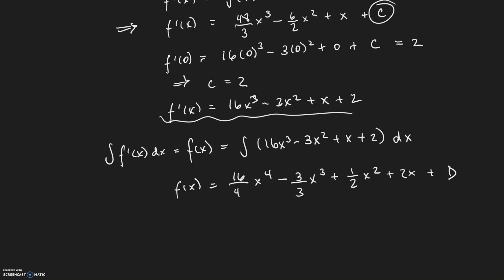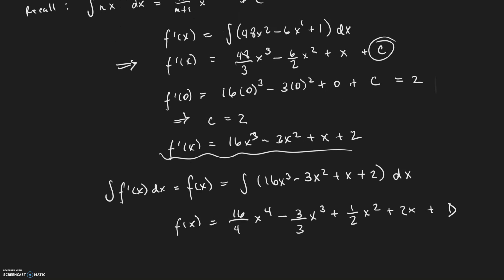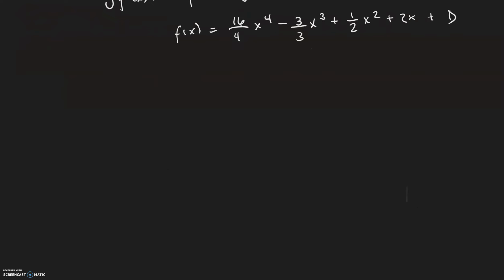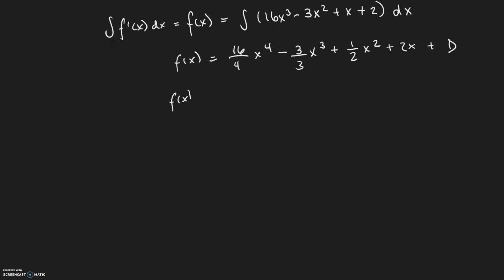Okay, so since we are given now another condition, f of 0 is equal to 1, right? Again, it's telling us to replace all the x's in our function f of x with 0 and then set everything equal to 1, and then we can solve for d. So we have 1 equals 16 over 4 is 4, x to the 4th, minus, so 3 over 3 is 1, x cubed, plus 1/2 x squared plus 2x plus d, right?